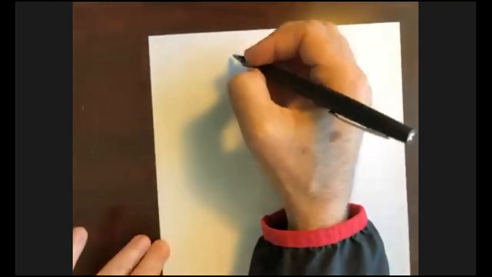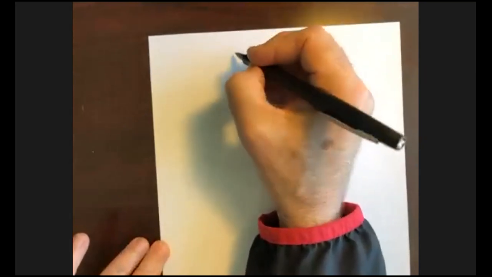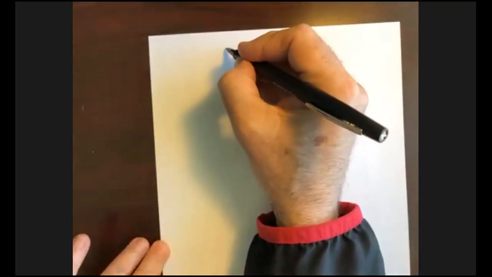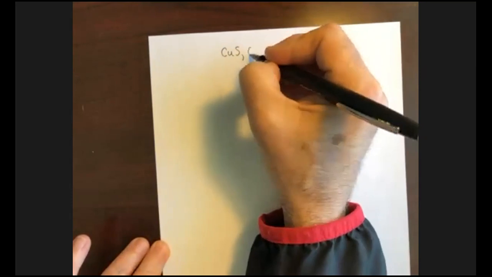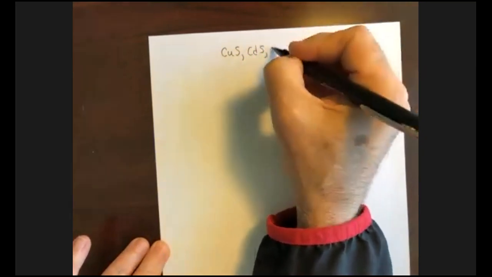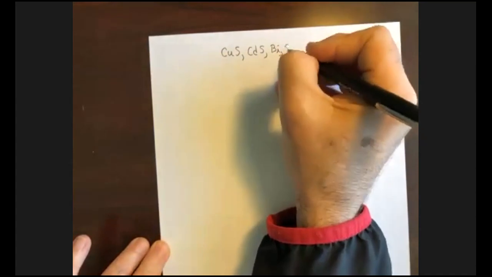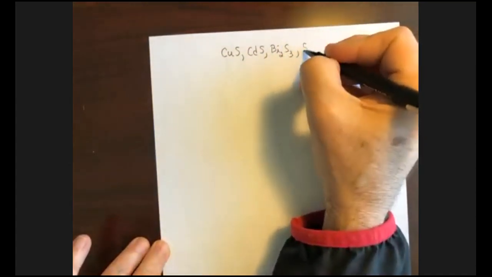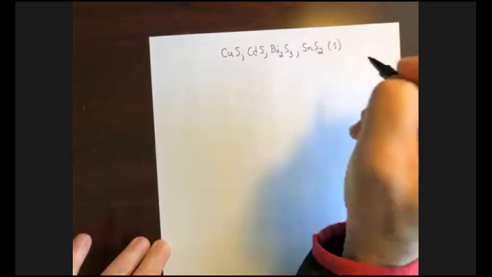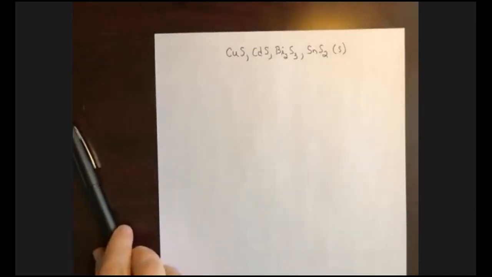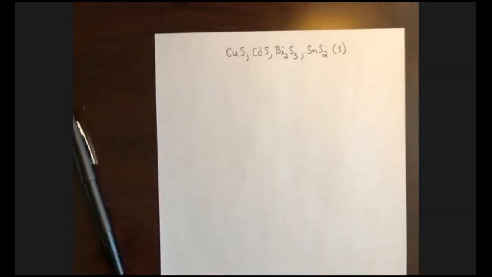So right now at this point, we have our mixture that has the copper 2 sulfide, the cadmium 2 sulfide, the bismuth sulfide, and the tin sulfide. All of these are solids, and they have different colors. And what you will see is essentially a very dark mix, because in general, the bismuth sulfide precipitate is very dark, and it dominates the color of your precipitate, all right?